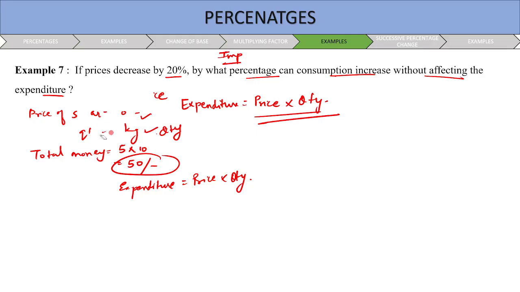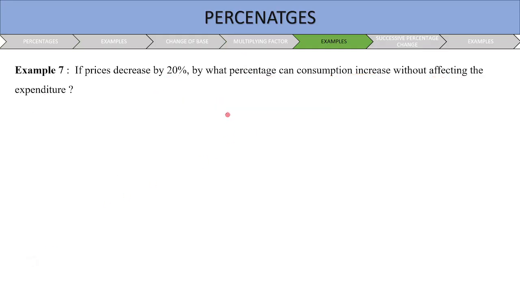I'll just make some space here, guys. So your expenditure equals price into quantity. Okay. Now you understand one thing, that if my price decreases by 20%, by what percentage can my consumption increase without affecting the expenditure.